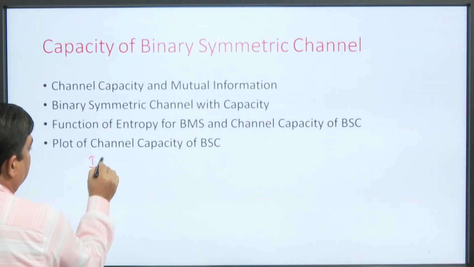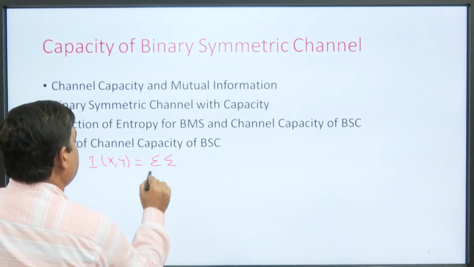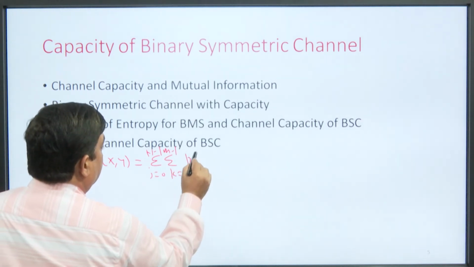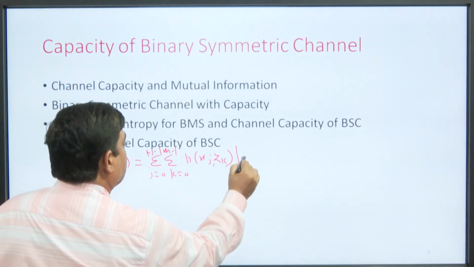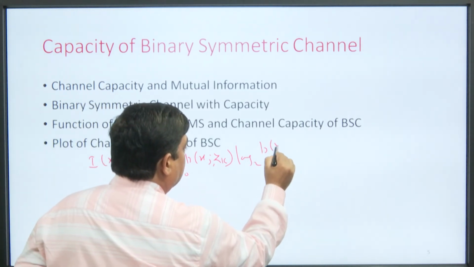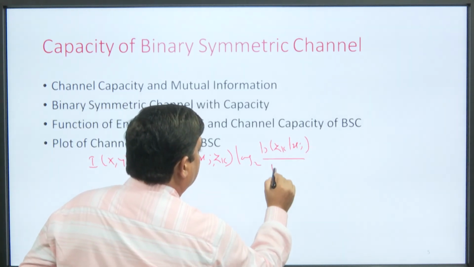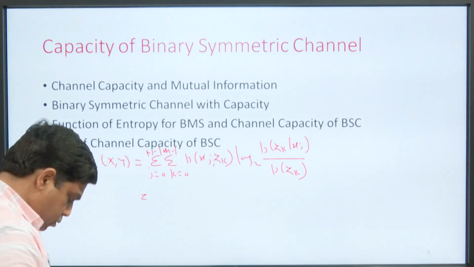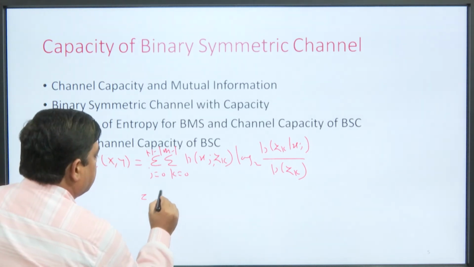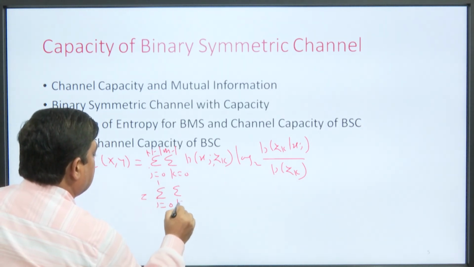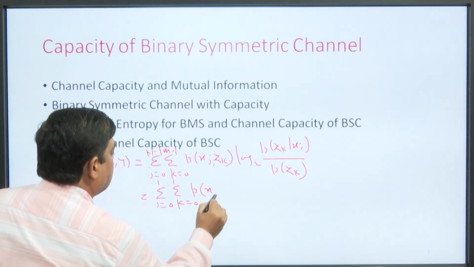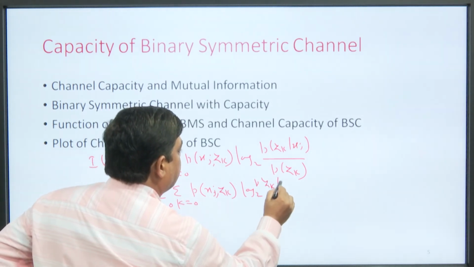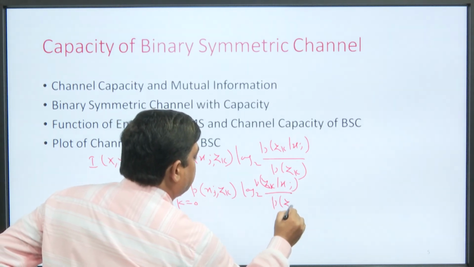Mutual information I(X;Y) is the double summation over j and k of P(xj,yk) into log base 2 of P(yk|xj) divided by P(yk). Here N is equal to 2, M is equal to 2, and we can write it as the summation j equal to 0 to 1, k equal to 0 to 1, P(xj,yk) log base 2 of P(yk|xj) divided by P(yk).